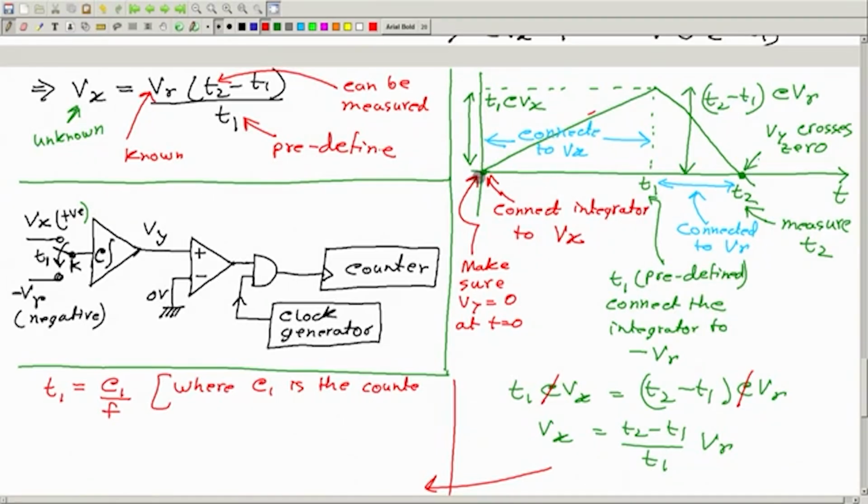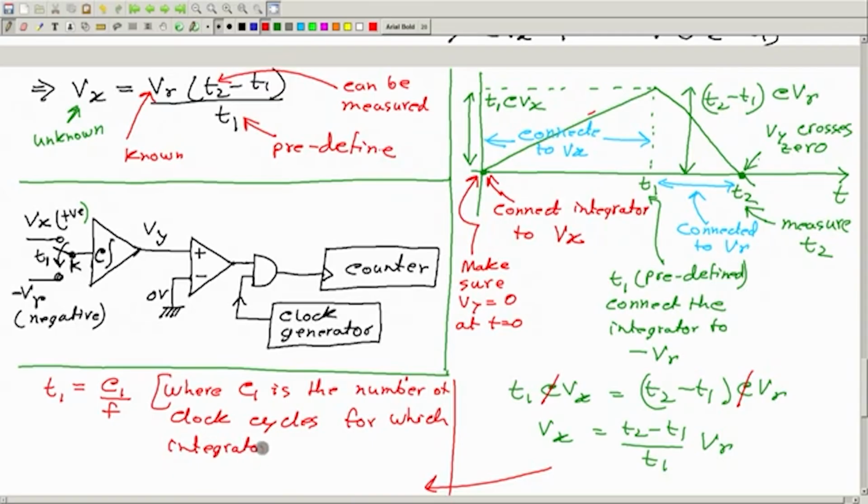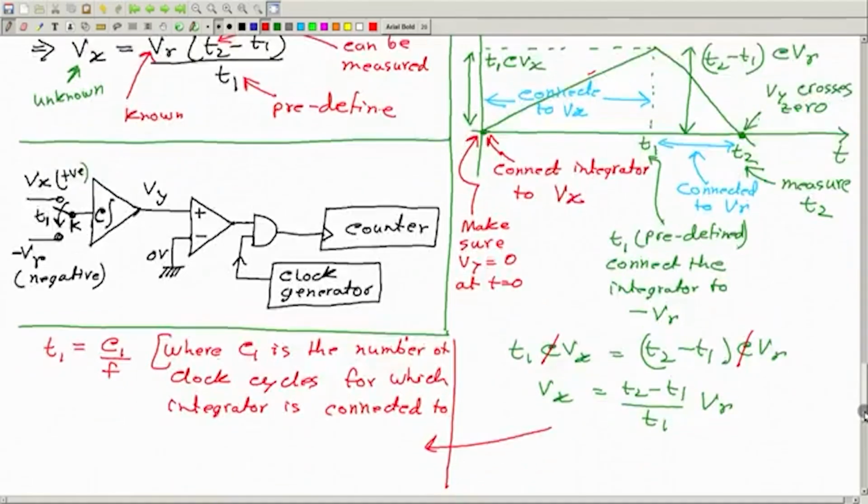Let me rather write where C1 is the number of clock cycles for which the integrator is connected to Vx.